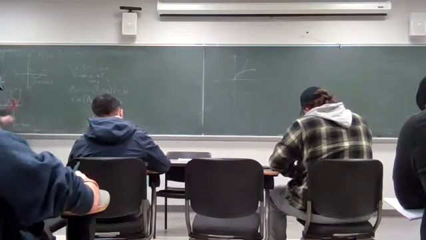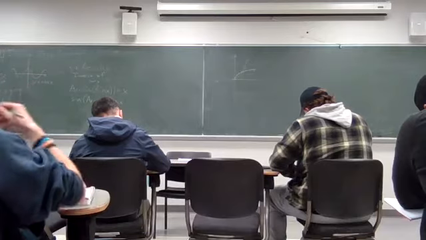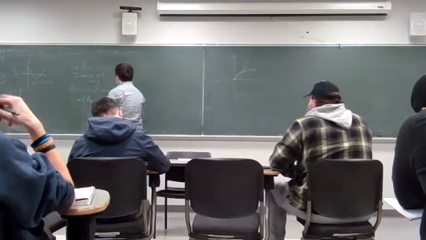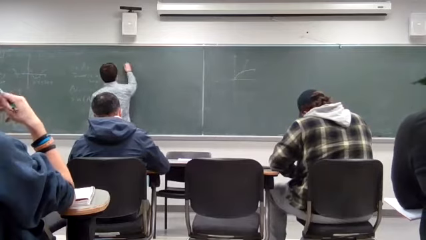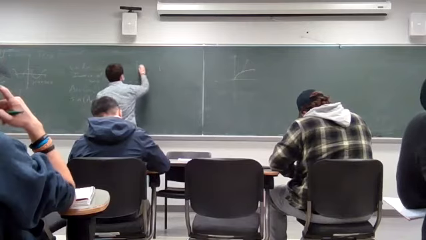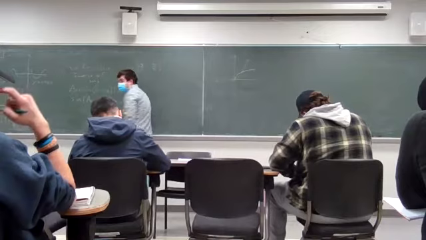Now, in order for this to work properly, I need to restrict my y. And so the range of this function goes from negative pi over 2 to pi over 2.